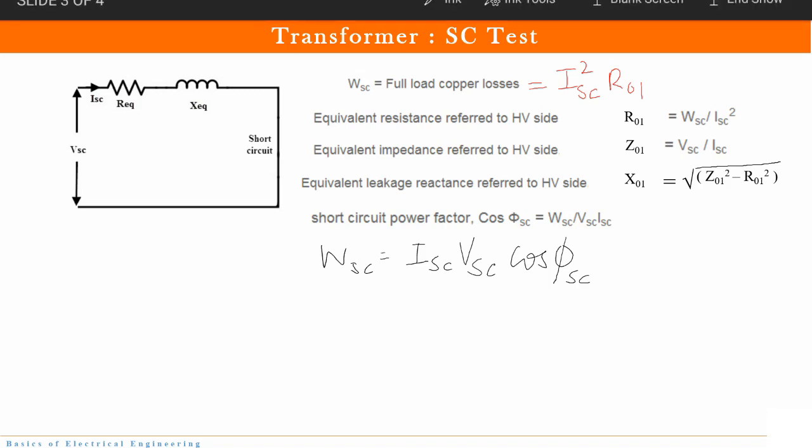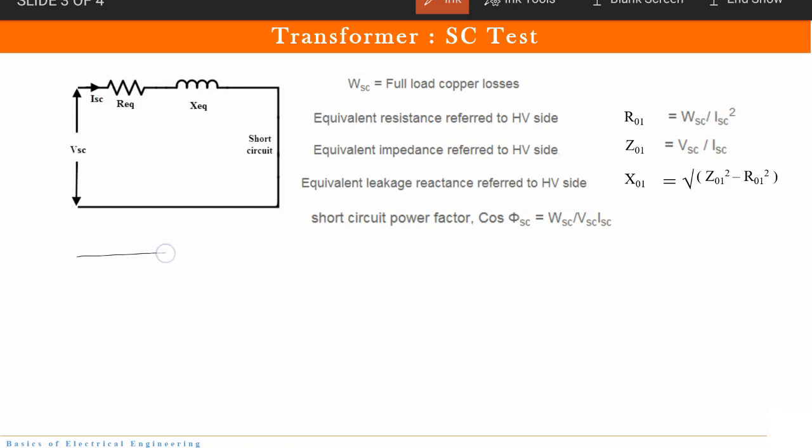I'll just give you an idea, and at the time of numerical solving, of course, we will look at that particular aspect also. Here I'll just tell you how it is done. So what we are doing is shifting the primary to the secondary side, so refer to secondary. Here this becomes my HV side, which is short circuited. So here V1 becomes 0.